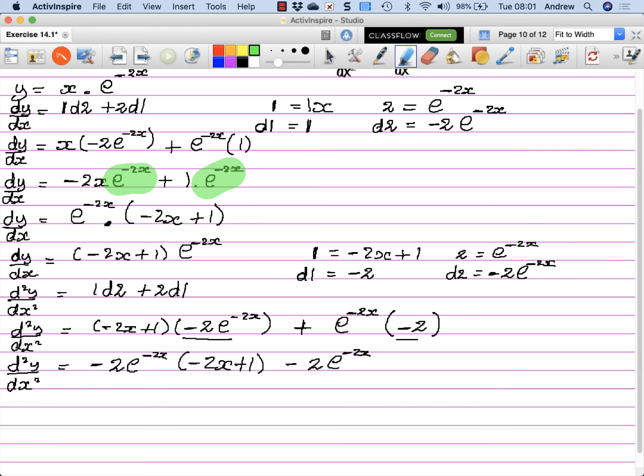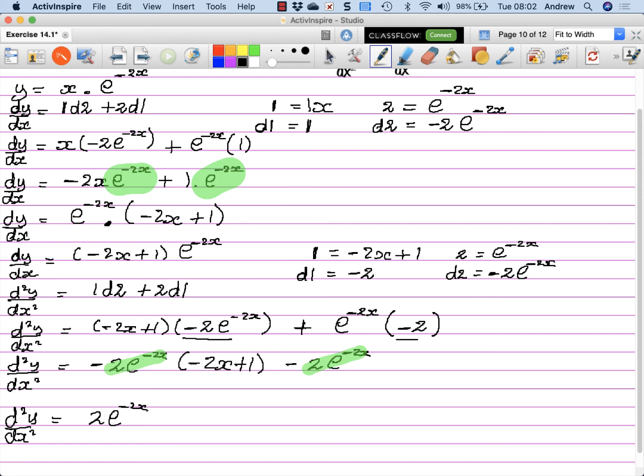And once again, the trick for this problem is to factorize. So what I'm going to do is take out 2e to the minus 2x as a common factor. So d2y/dx squared is equal to taking out 2e to the minus 2x as a common factor.